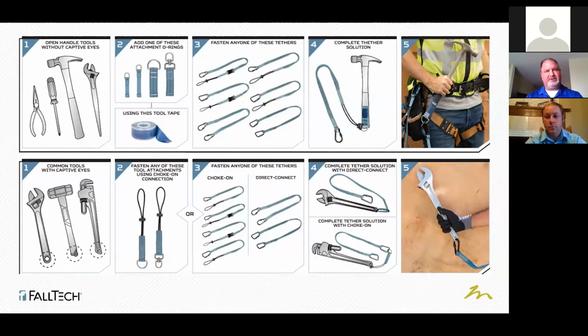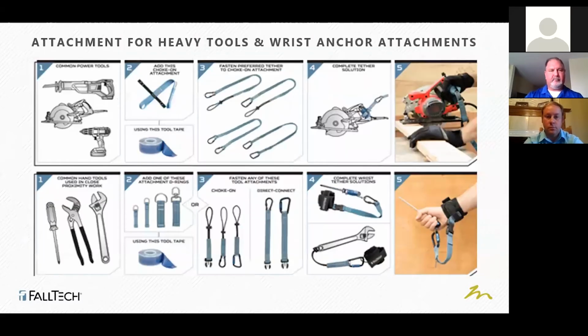The tool attachments and lanyards will have different weights. Most commonly, it'll be either a 2, a 5, a 10, a 15, on up to a 30-pounder. Some of your equipment may have eyes already built in, and you won't have to add an attachment to it. Some of our heavier equipment we can add on, like our power tools here.